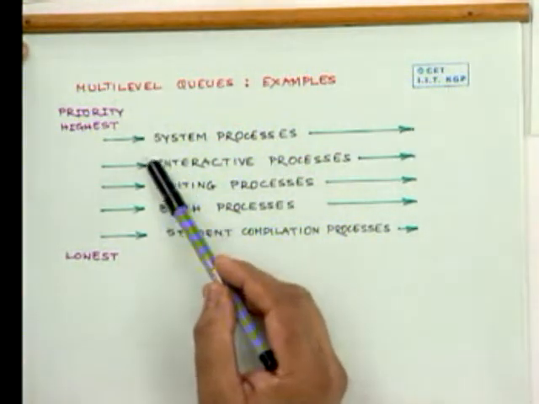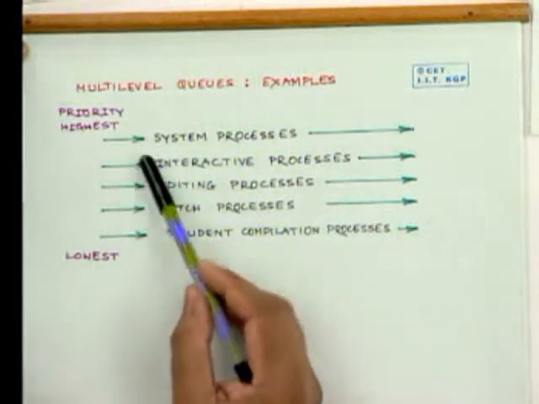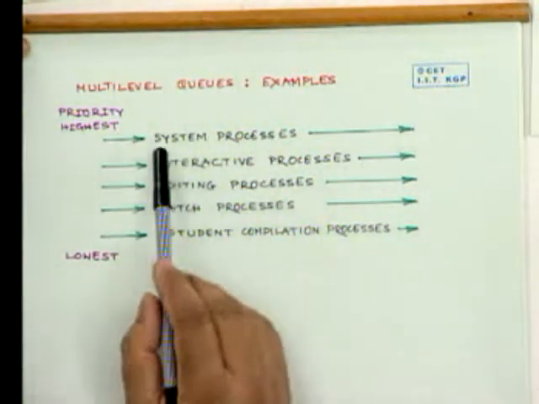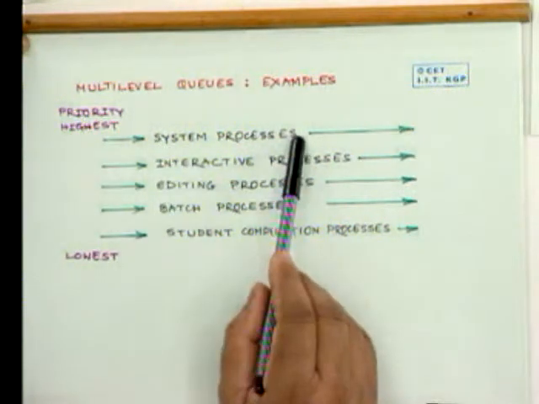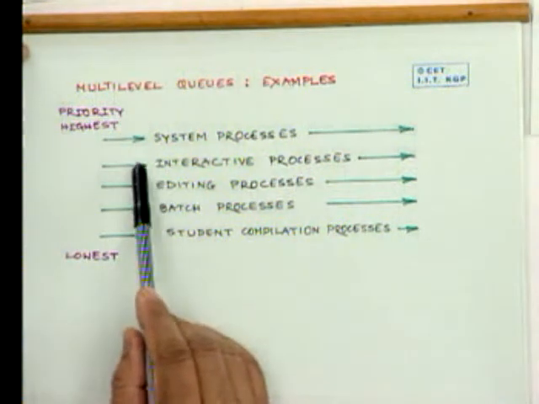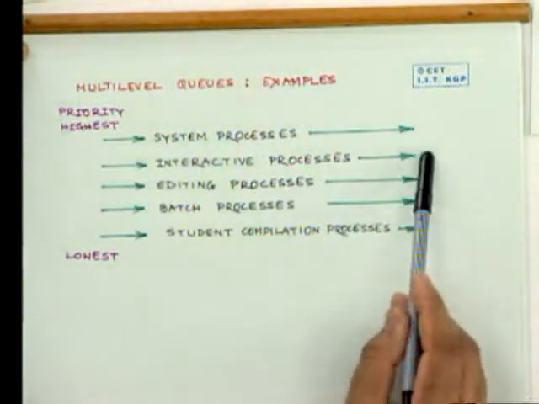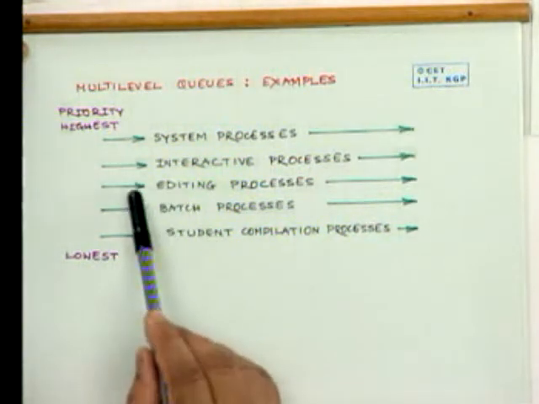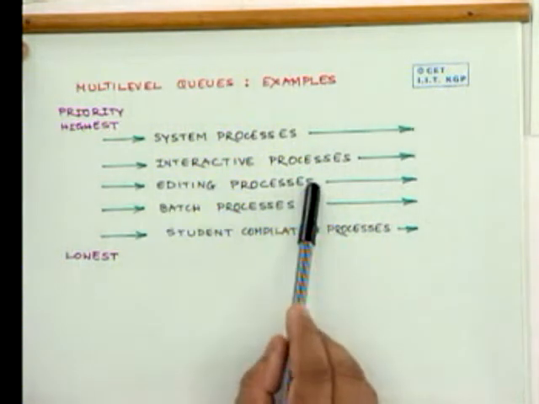Here, say 1, 2, 3, 4, 5: the system gives 5 priority queues. Highest amongst them is for the system processes, that means operating system processes, naturally. The second highest is for interactive processes, to give them a good response time. The third priority queue is editing processes.